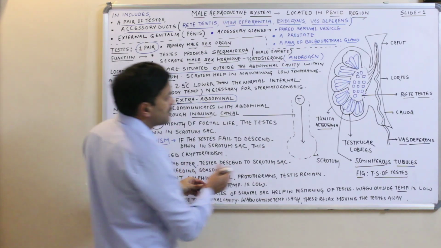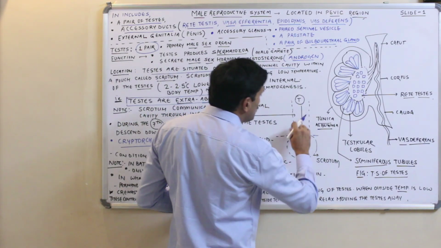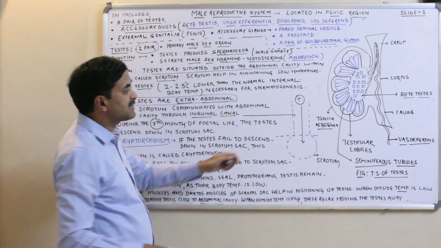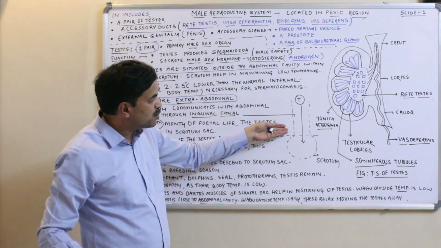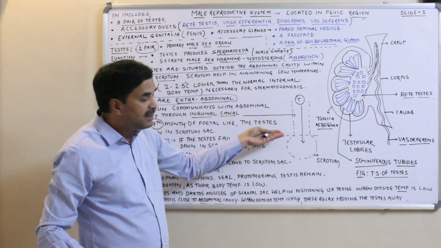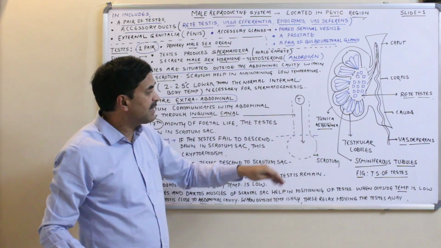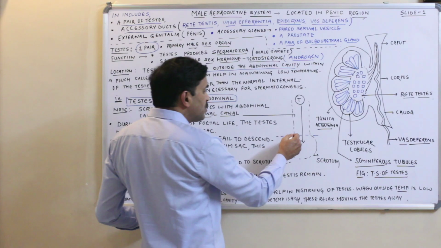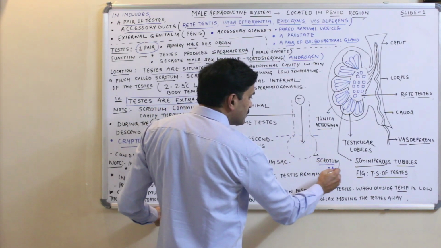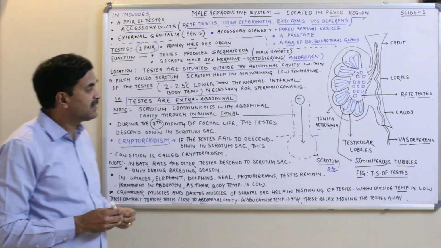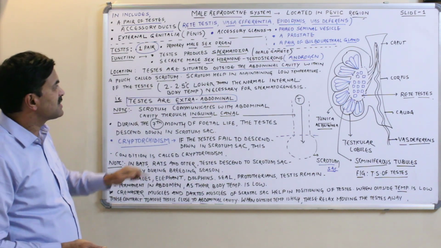Say this line is indicating that the portion found above the line is the abdominal cavity, and the portion below this line is the portion outside the abdominal cavity. So outside the abdominal cavity there is a pouch known as the scrotum sac, and in that pouch the testes are found.